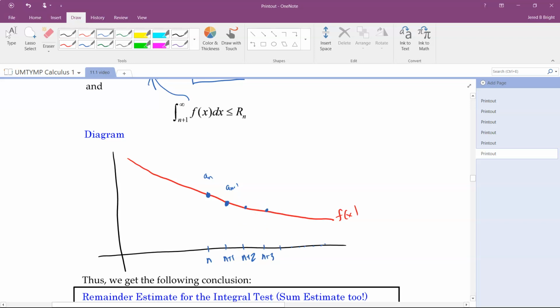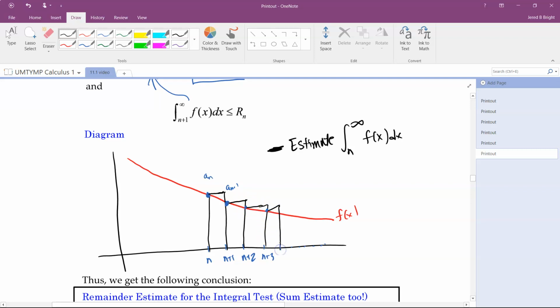Now, if we wanted to estimate the remainder, we want to use this line to estimate the integral from n to infinity of f of x dx. We won't show it, but we're going to estimate. We first learned about estimation of sums by using Riemann sums. So we'd have something like this, and then this, and then like this. If we use a left-hand sum, that's an overestimate.